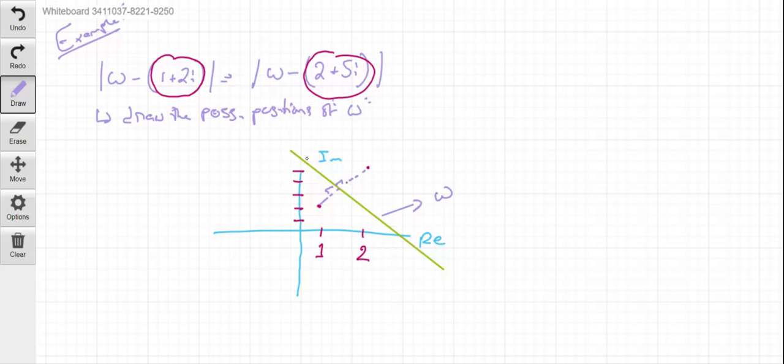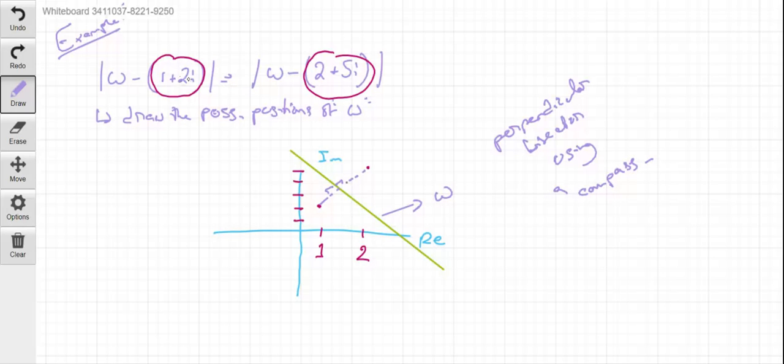But there are lots of resources online showing you how to draw a perpendicular bisector using a compass. So make sure you are well aware of it. All right, it's a very easy process.